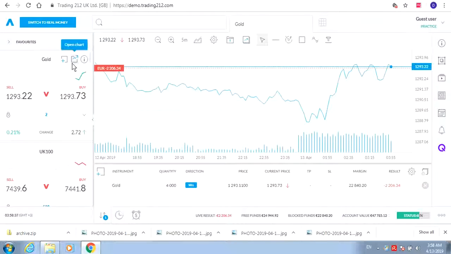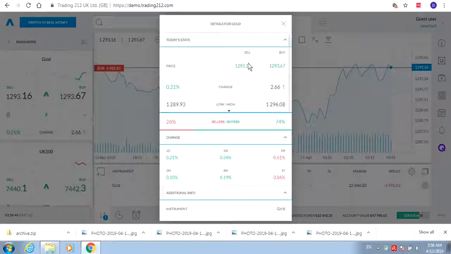Here we can see the details of our instrument. Here is the selling price, and here we can see the buying price. Here the change, the percentage of change. By watching this line, we can conclude that the buyers are controlling the market.